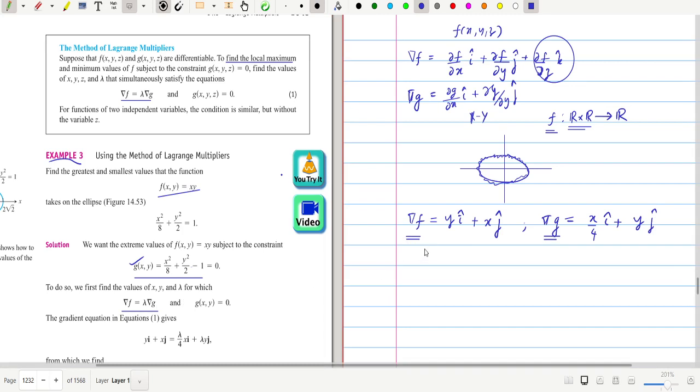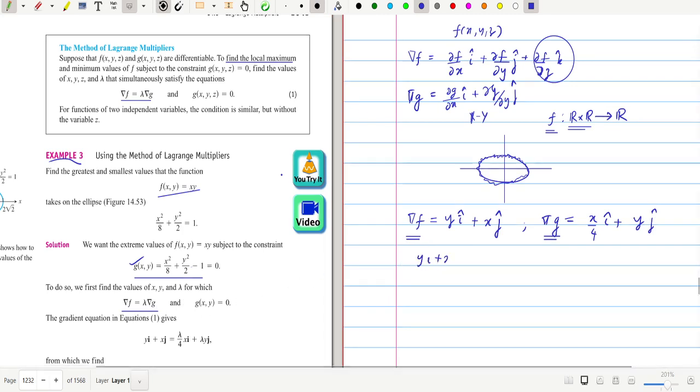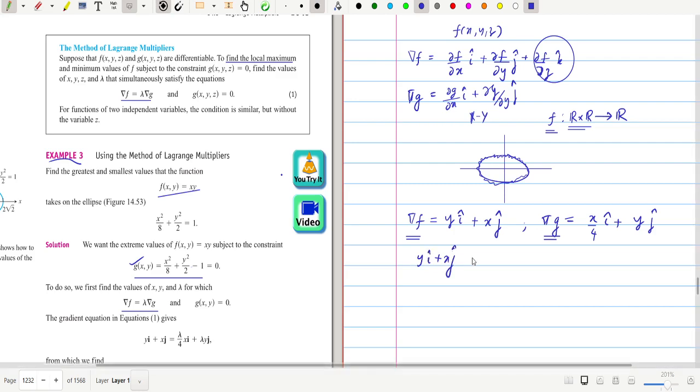We equate them: y i plus x j equal to lambda times x by 4 i plus y j. This is the first equation. It can be simplified as y i plus x j equal to lambda by 4 x i plus lambda y j.